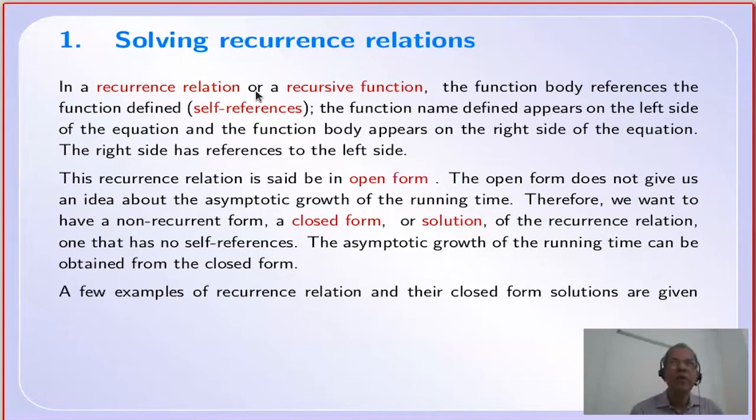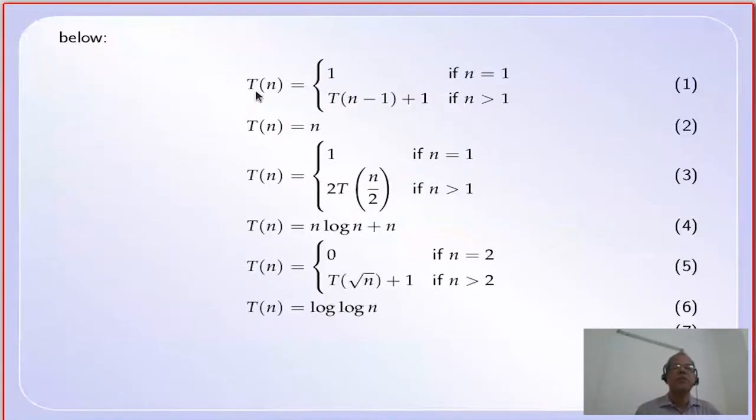Whenever we have a recursive algorithm, the first thing that we do is express the running time of the recursive algorithm by means of a recurrence relation. These are examples of recurrence relations.